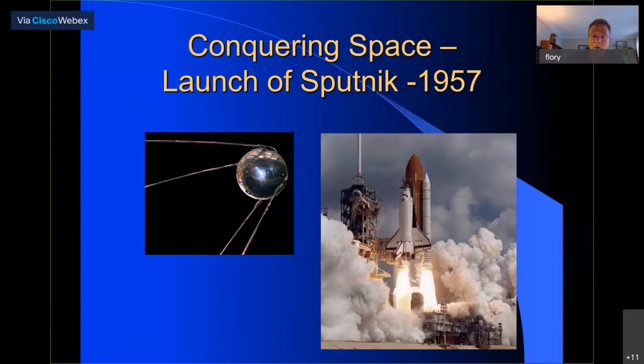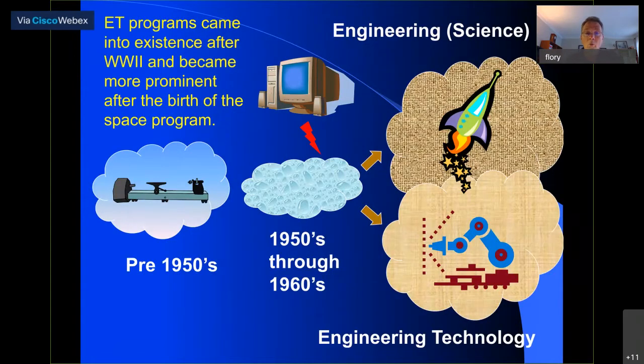At this point, this is where we started to use the term engineering technology a little more liberally than just engineering. ET programs came into existence just after the Second World War and became more prominent after the birth of the space program.